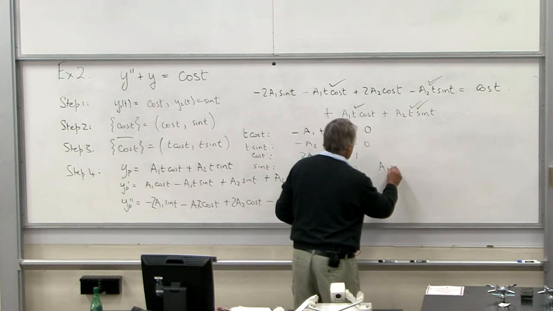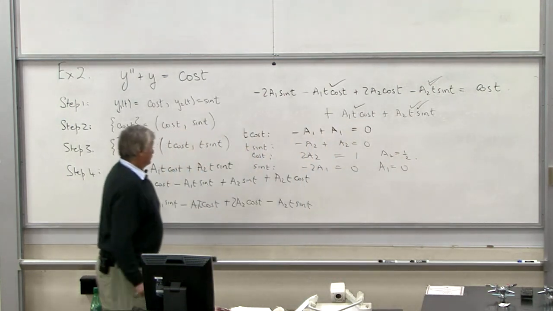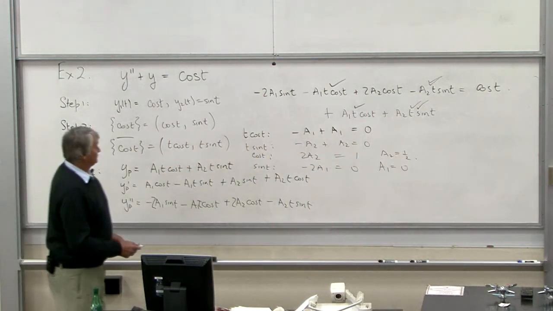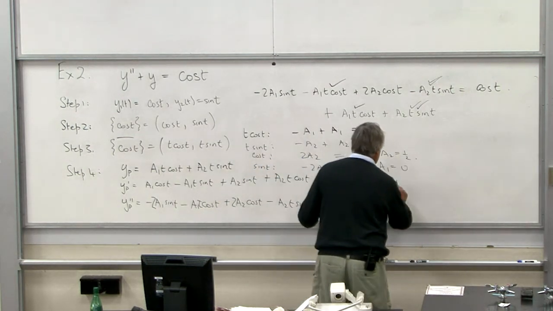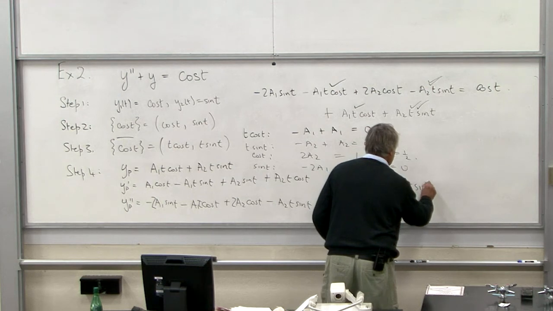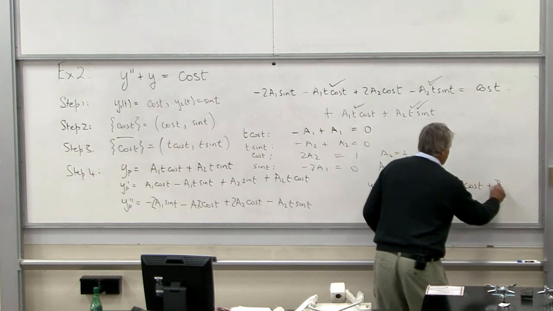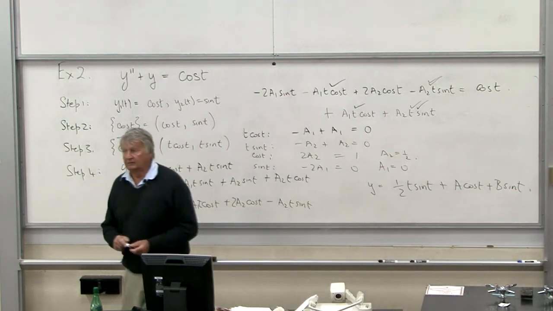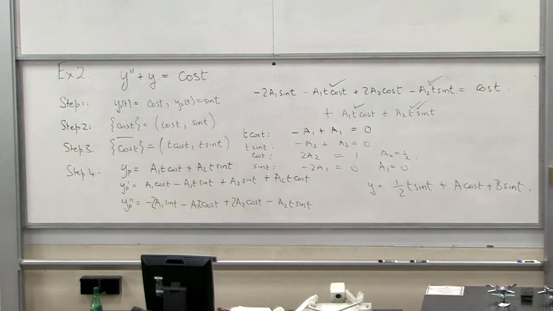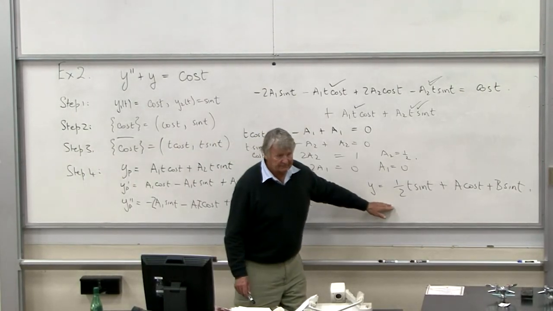So a1 is 0, a2 is a half, and so my particular solution is yp equals a half t sine t. And then the general solution, I have to add this. So the general solution of this equation is this.